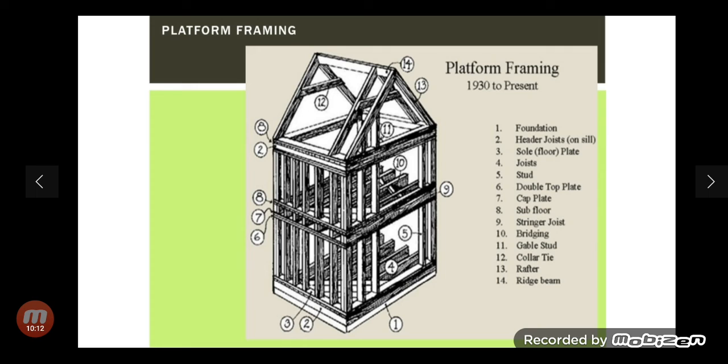Double top plate, cap plate, subfloor, stringer joist, bridging, gable stud, collar tie, rafter, ridge beam, etc. So this is normal platform framing that has been done from 1930, and it is continuing in the present also.